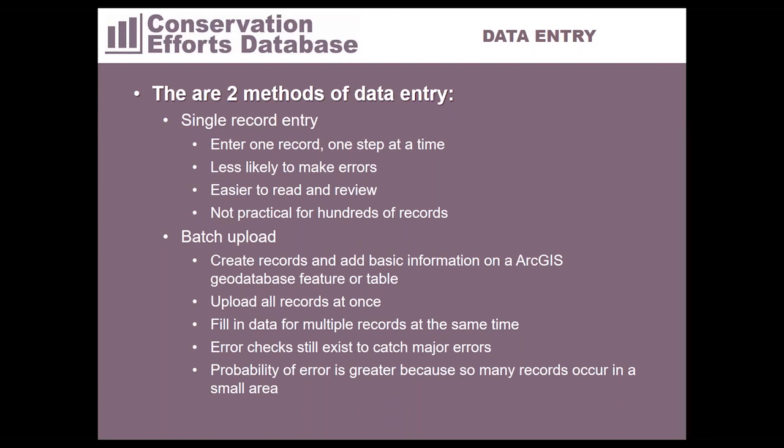If you have more than 100 records to enter, then we have a process known as the batch upload, which is a geodatabase template that allows you to migrate and transfer information from existing databases into the geodatabase, which then we upload into the system. You then sit down with the user interface and make sure that all your required fields have been populated.